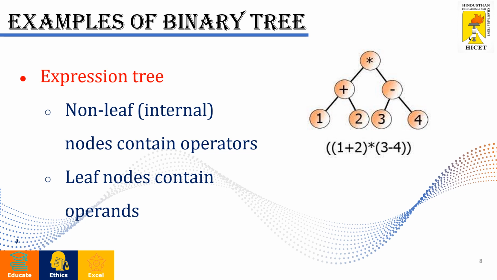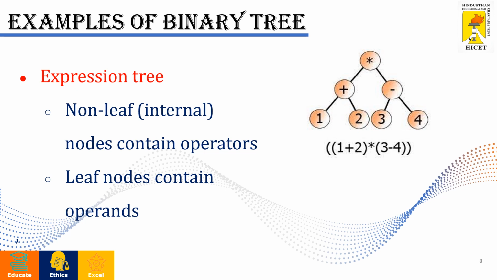Next we'll see examples of binary trees. The first example is the expression tree. Expressions can be represented using a binary tree. Here you will have internal nodes and external nodes, or leaf nodes. The internal nodes are represented using operators, and the leaf nodes are used for representing operands.